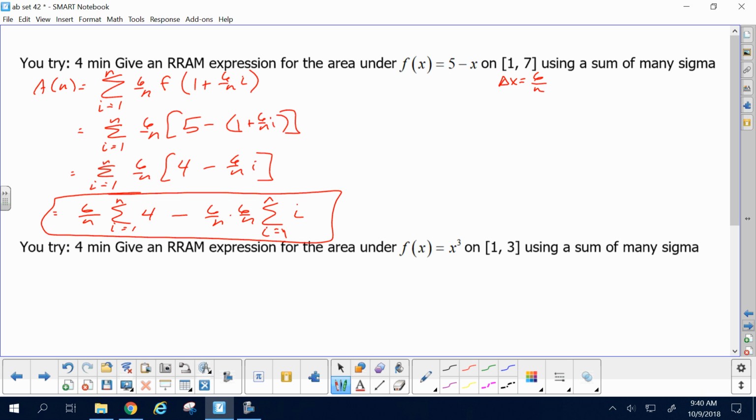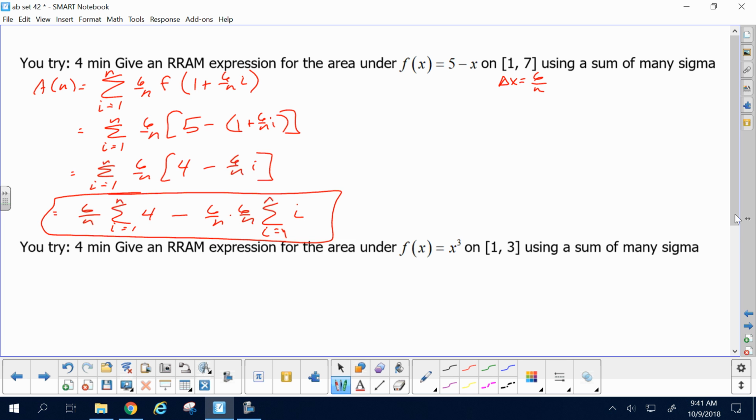What I have or something equivalent. Okay, how'd the third one go?